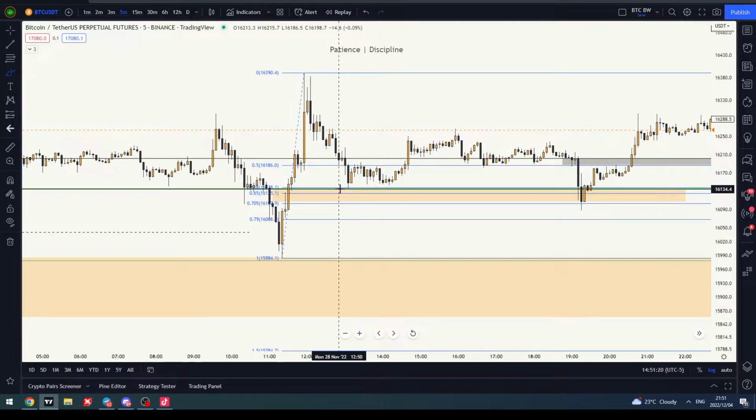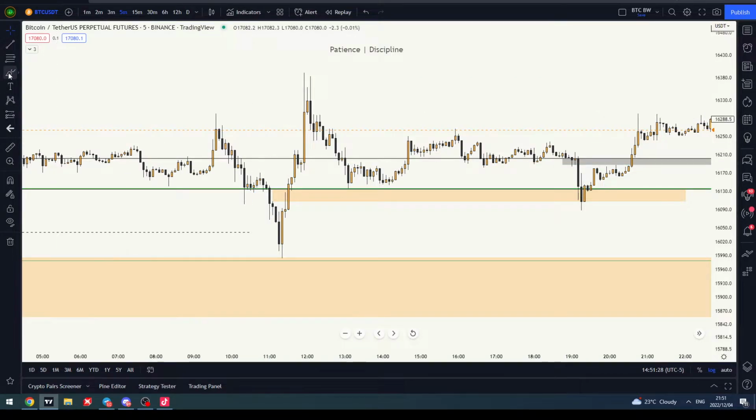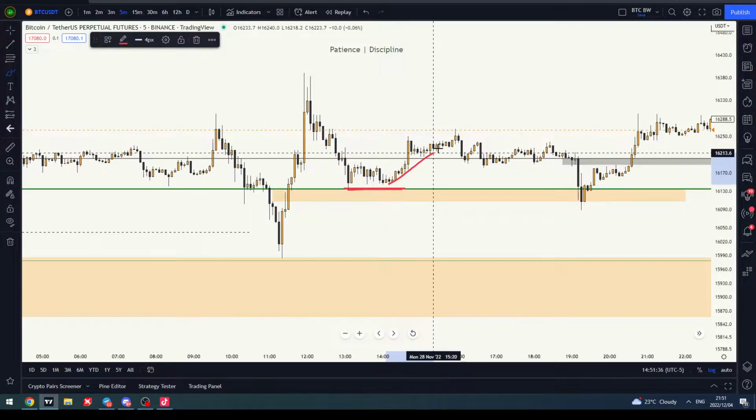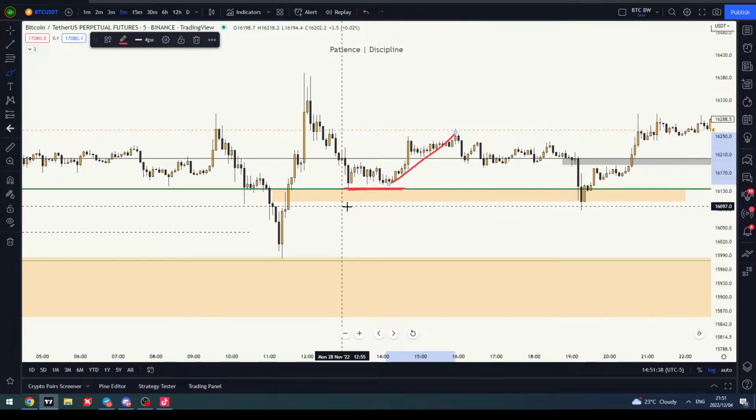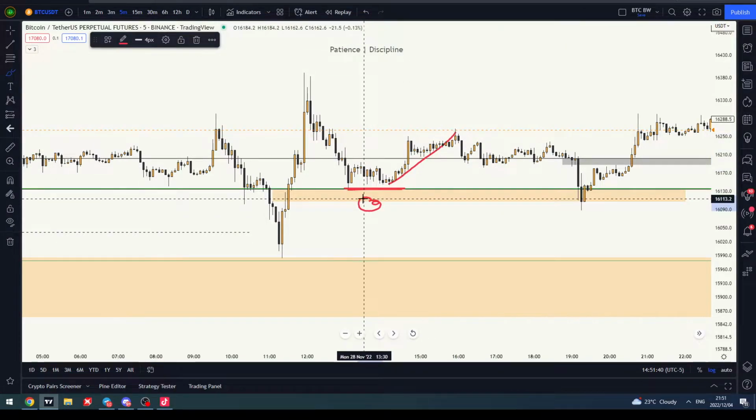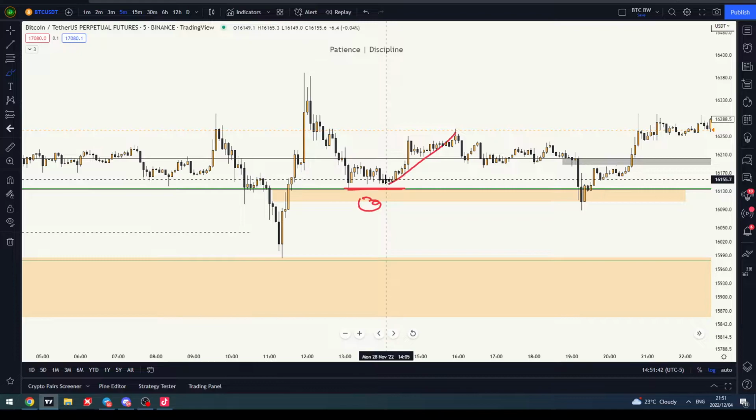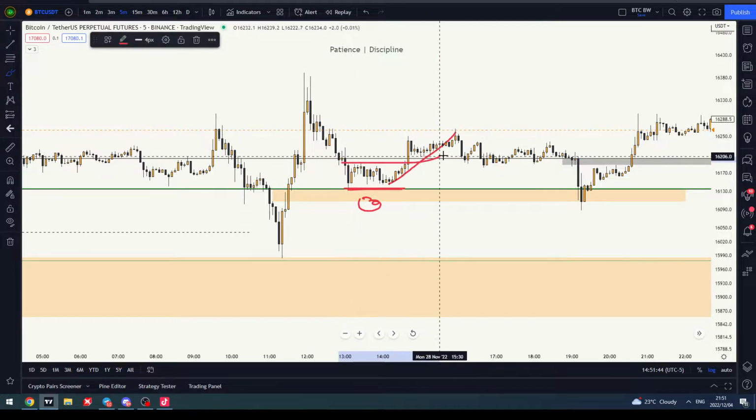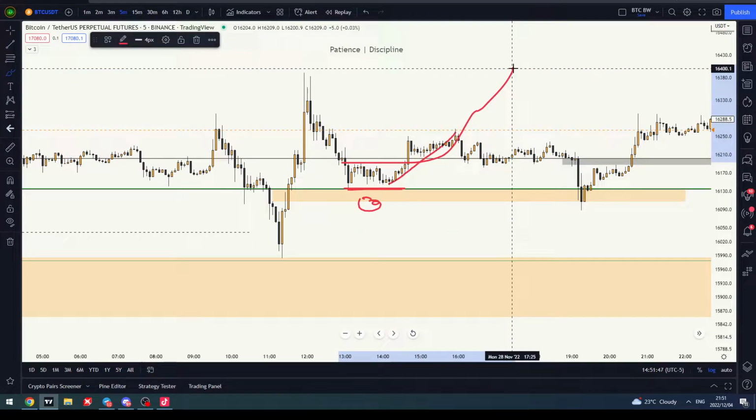Now, this piece of price action here is what liquidity engineering is all about. Once you start to see price action that forms like this before your point of interest, this will serve as inducement, because as price moves away, what's going to happen? People who wanted to enter in here or at the order block down here are going to start thinking that price is moving away from them, and they miss their entries.